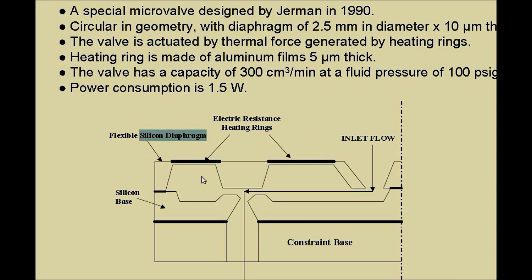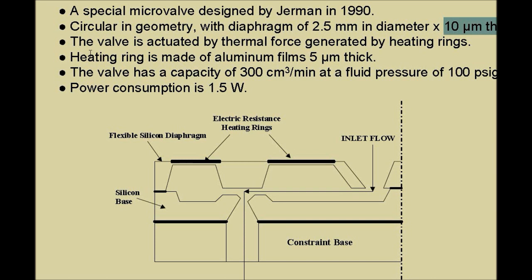If you look at the total circle, it is 2.5 mm in diameter, and of course it will be 10 micrometer thickness. If you take from this point to this point, that gives you the thickness, which is about 10 micrometer. You can see 2.5 mm and 10 micrometer thickness.